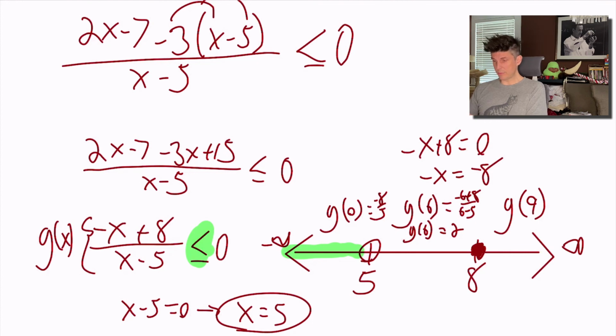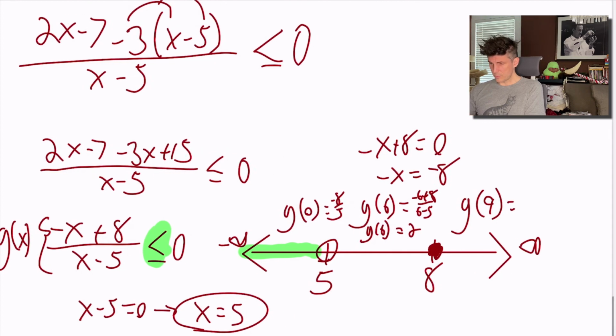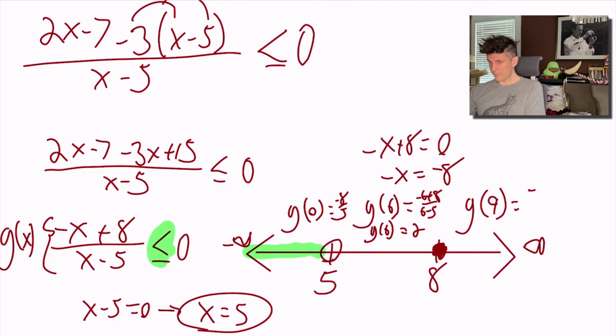We're looking for negative, so we move on. And then g of 9 is going to be equal to negative 9 plus 8 over 9 minus 5, which is negative 1 over 4, negative 1/4. Great, it's negative. We shade, and then we see our answer.